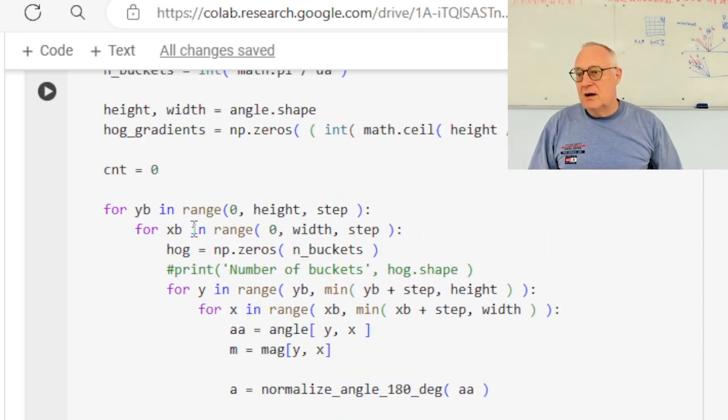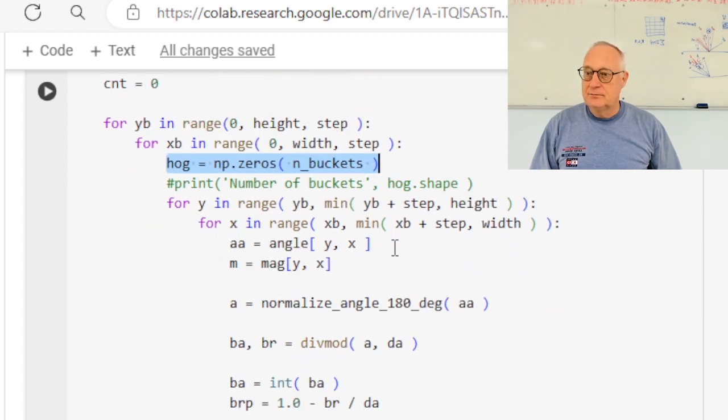So now we step through the image, and our feature is an array with 9 entries. And for each one of those, I get the angle and the magnitude.